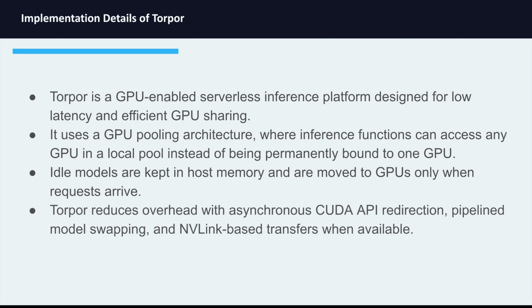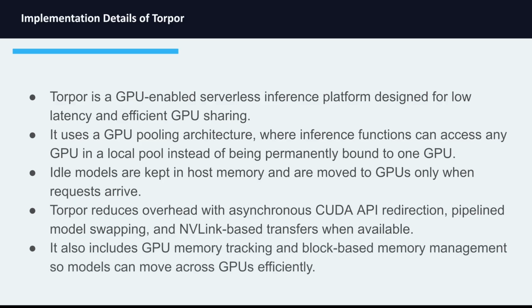Torpor reduces the overhead with asynchronous CUDA API redirection, pipelined model swapping, and NVLink-based transfers when available. It also includes GPU memory tracking and block-based memory management, so models can move across GPUs efficiently.